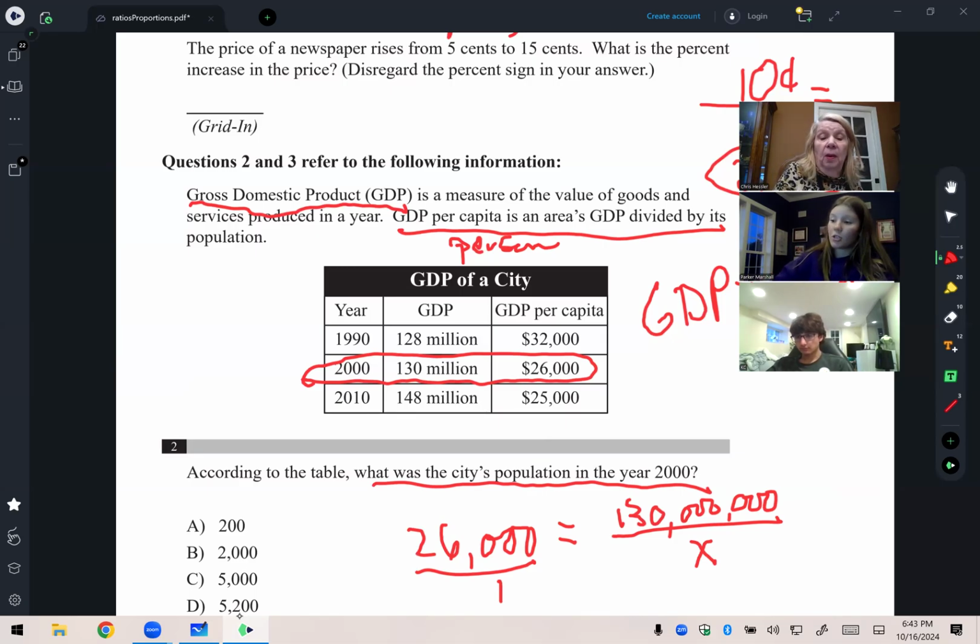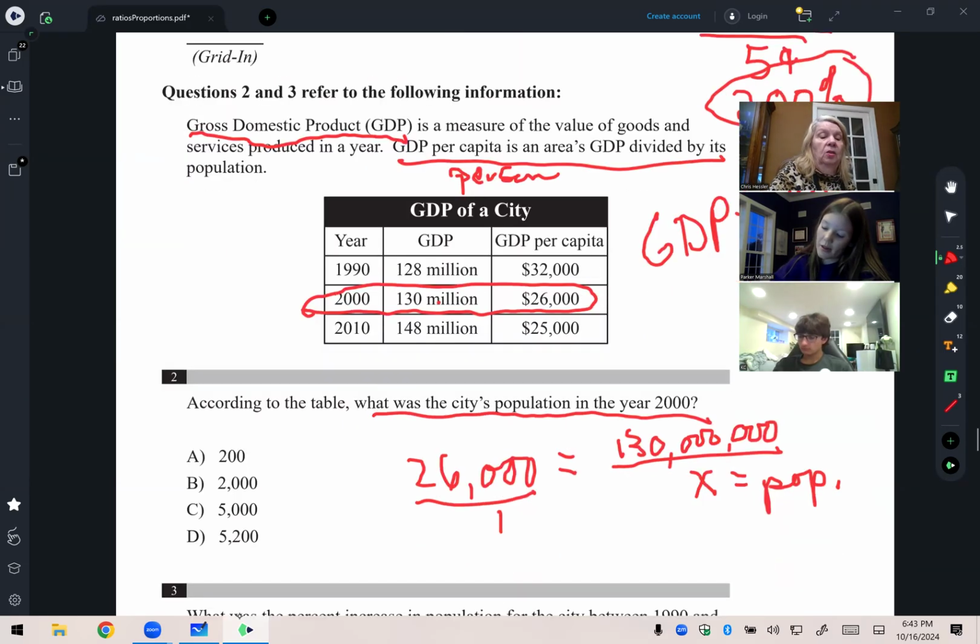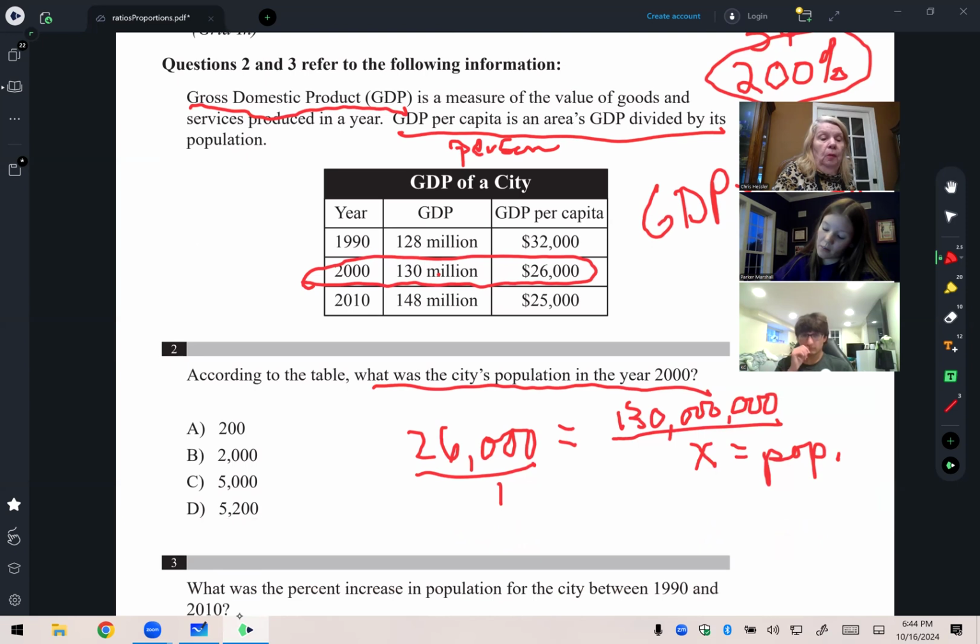Yeah, X should be our population for the year, because I don't know it, but I can get it from these two figures. So see what you get with the calculator. That'll be 26,000 X equals 130 million. And you should get 5,000 people, right? Okay, good.